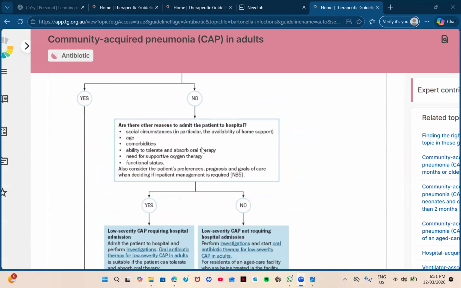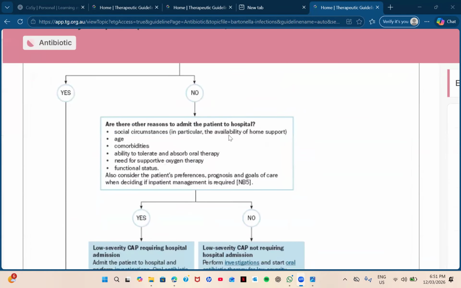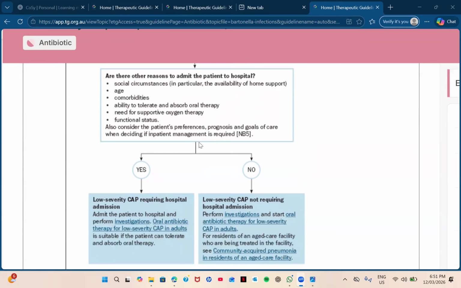If they are not present, what should you do? Are there other reasons to admit the patient to hospital? If these features are not present, that means the patient is hemodynamically stable, but we still have to consider whether there is any reason to admit the patient. Social circumstances, in particular availability of home support, age, comorbidities, ability to tolerate or absorb oral therapy, need for supportive oxygen therapy, functional status. Also consider the patient's preferences, prognosis, and goals of care.